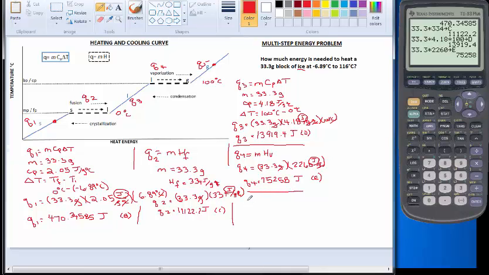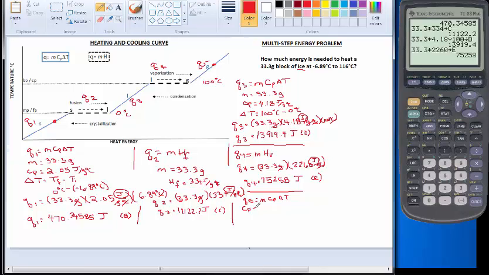Our Q5 equation is going to be this one, which again is a change in temperature, which means that we use the equation Q is equal to mCp delta T. Our mass doesn't change.